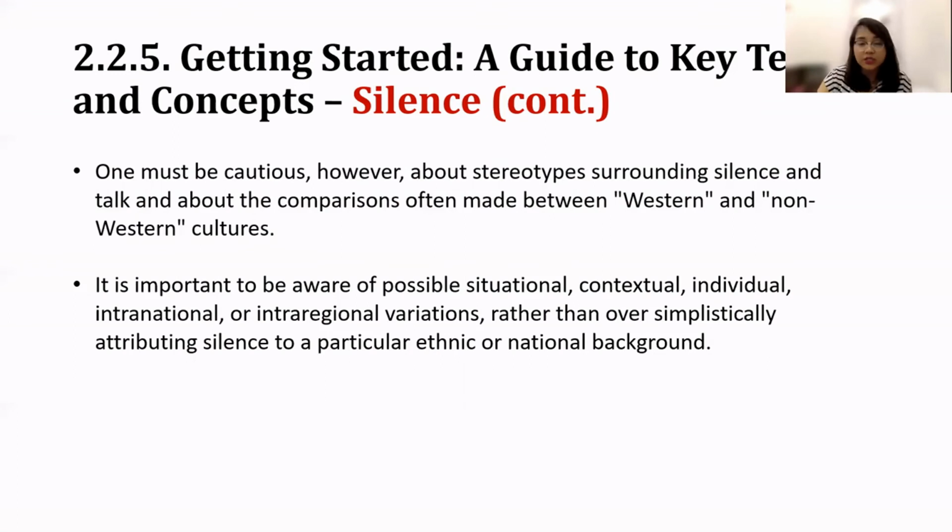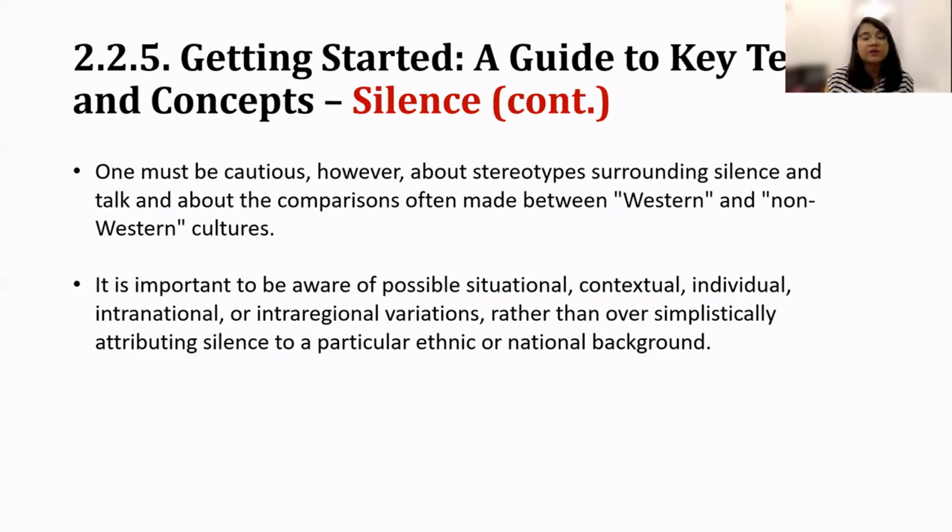So we know that countries with Western culture prefer talk to silence, and Eastern culture has the opposite view. But it is very important that in addition to knowing the differences, we are not creating stereotypes, because there are still many other factors that may make people from Western culture, for example, prefer silence to talk, like the opposite.